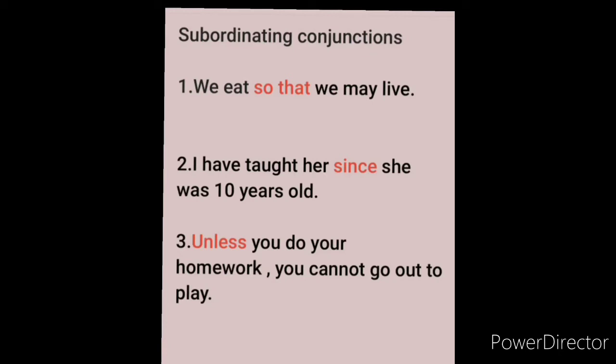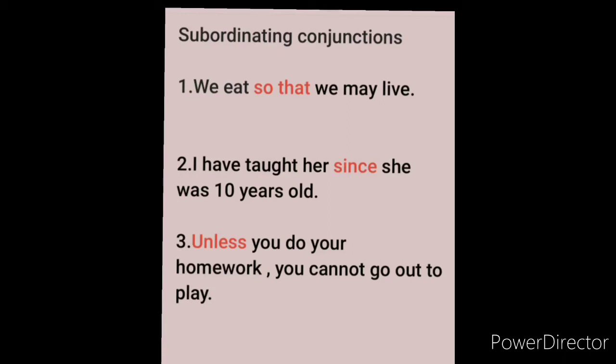Now the next example is I have taught her since she was 10 years old. I have taught her is independent clause, whereas since she was 10 years old is dependent clause. And these two clauses are joined with the conjunction, and that is since.